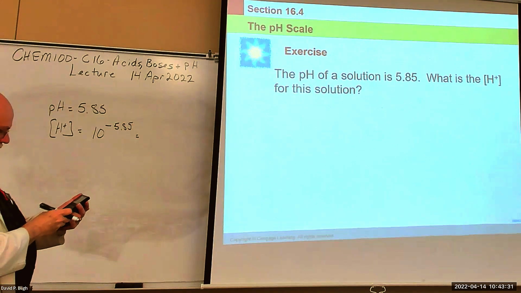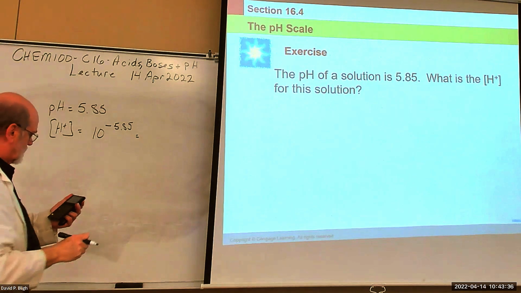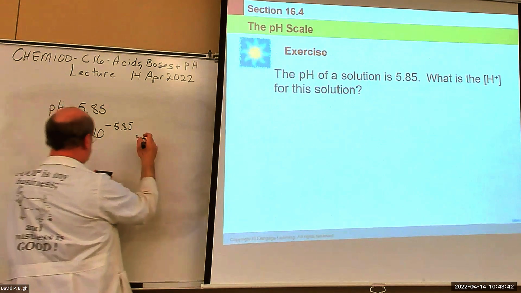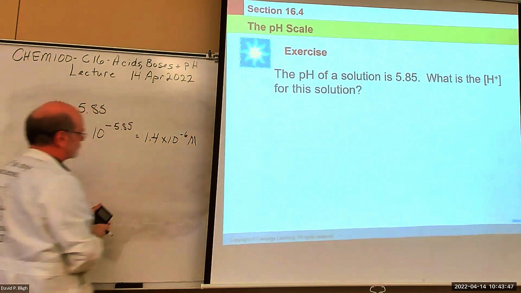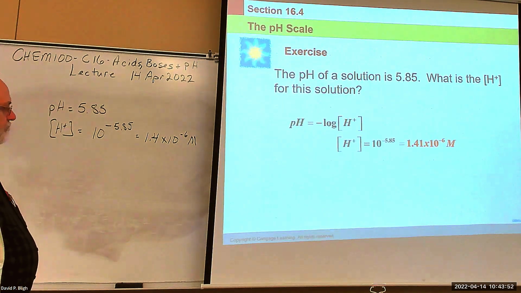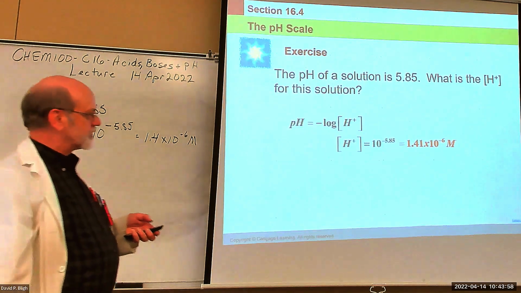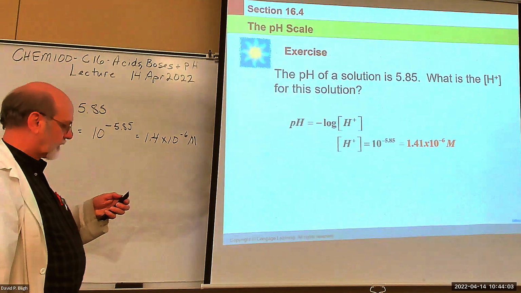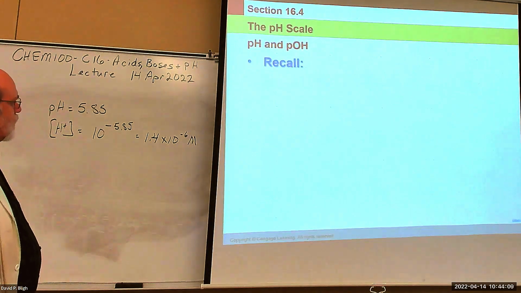So all I have to do is say 5.85, change the sign, and let's see. 2 decimals means 1.4 times 10 to the minus 6 molar. I think now that one's wrong. Right? That's 3 significant figures. And the pH only had 2 decimal points. I need to work on that, don't I? Okay.